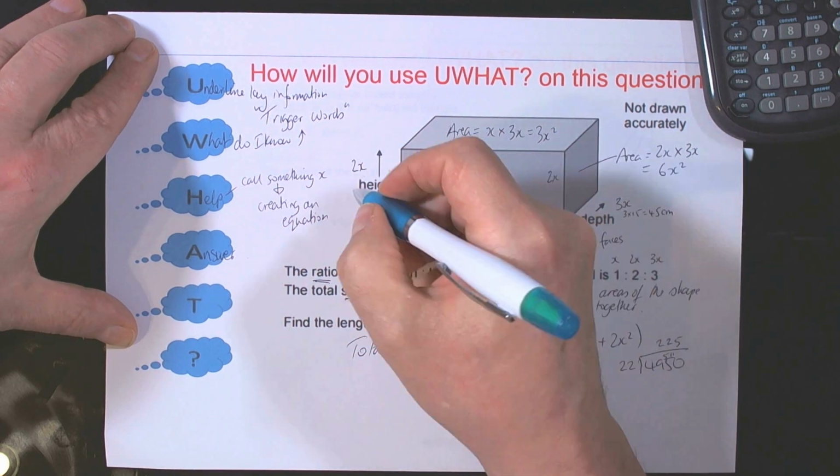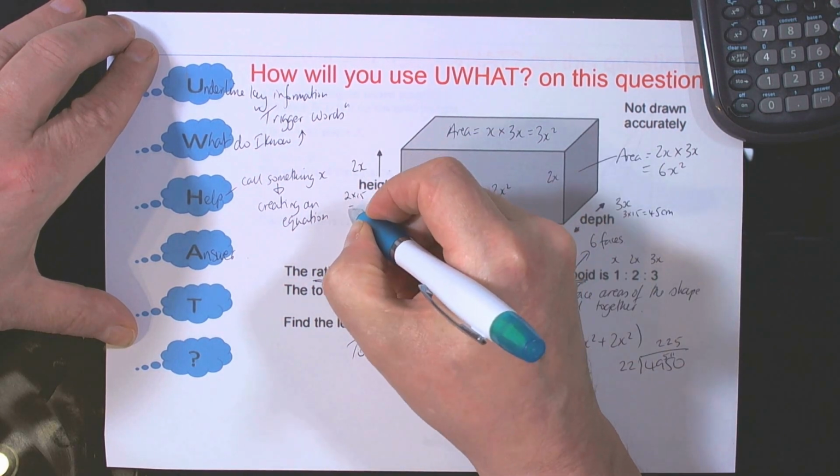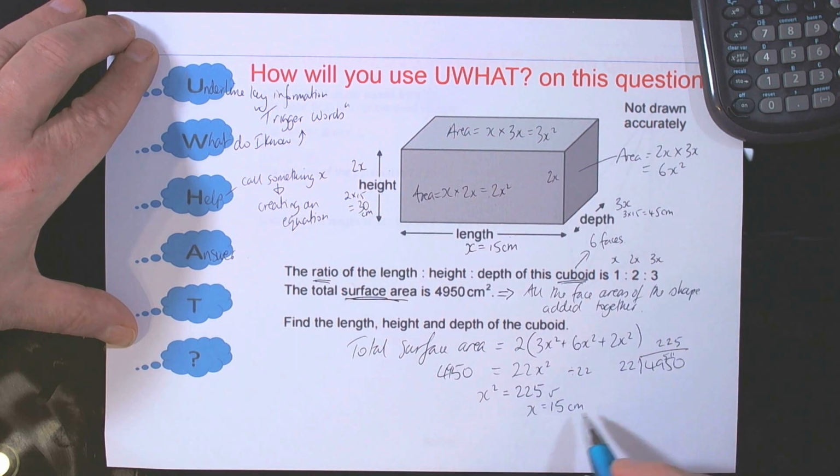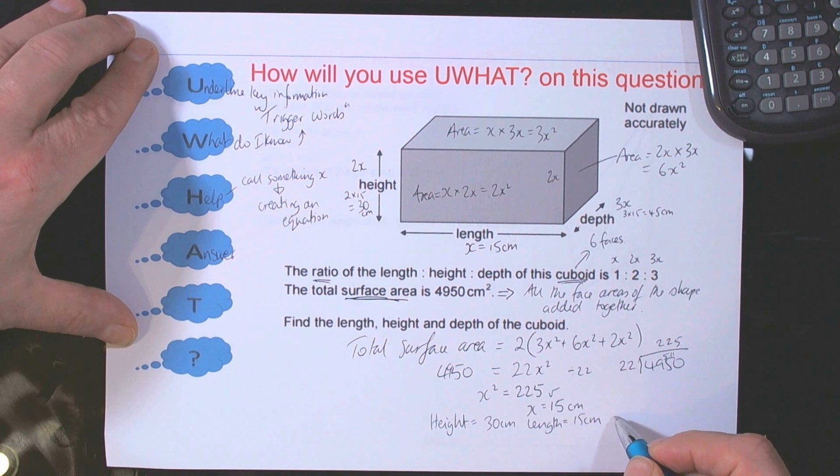And we know the height was 2x, so that's 2 times 15, which is equal to 30 centimetres. And of course we then write down the answer on the answer line. So height equals 30 centimetres, length equals 15 centimetres, and depth equals 45 centimetres.